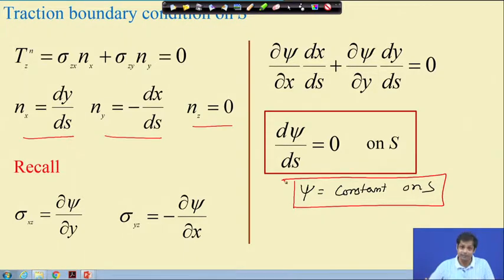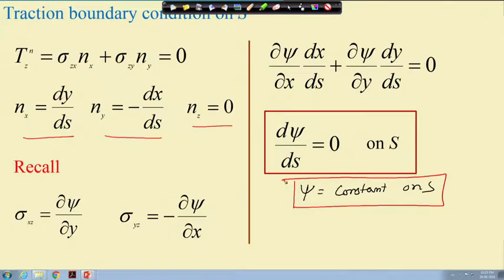At the surface S, which is the traction free boundary, when we impose that boundary condition in terms of psi, psi has to be constant on the surface. Constant means you can take any value, but for general practice, at least for a simply connected domain, we can assume psi is 0.